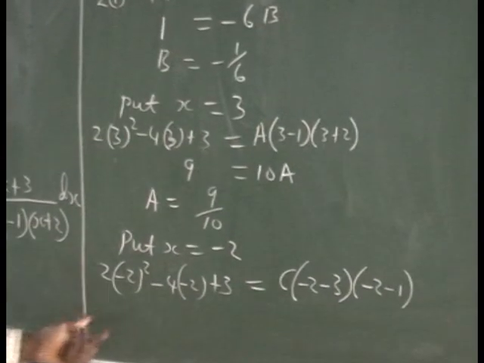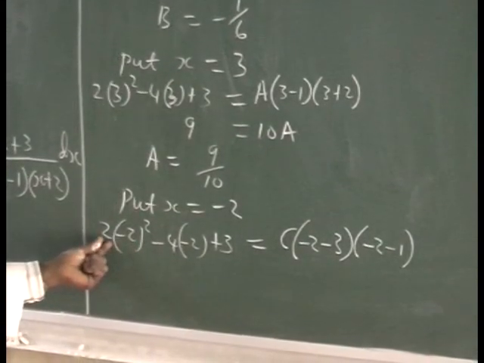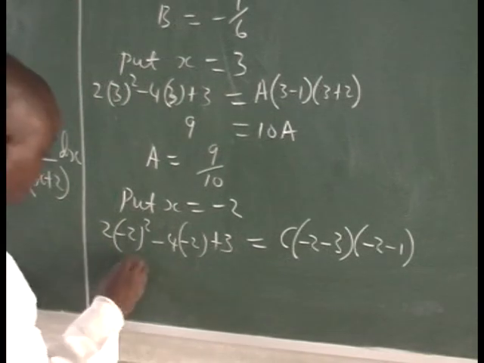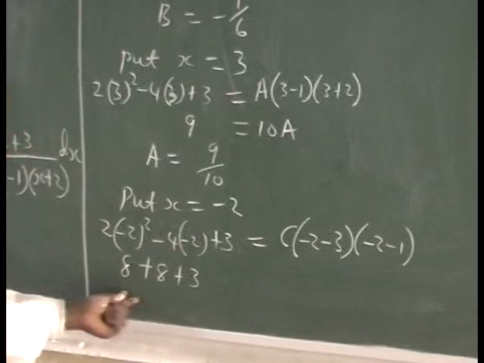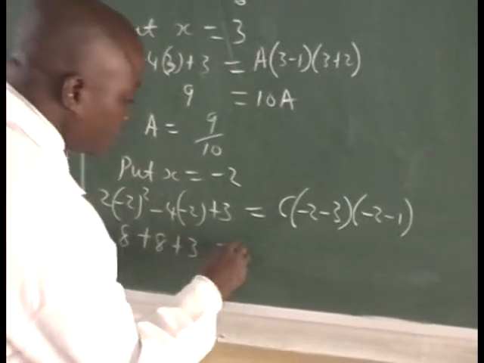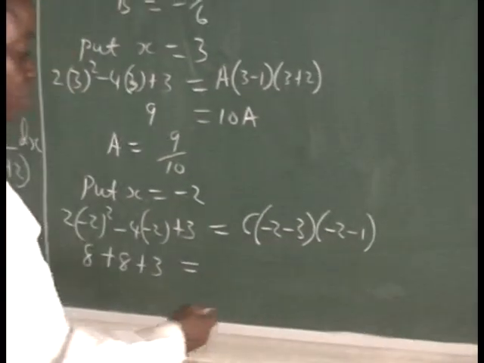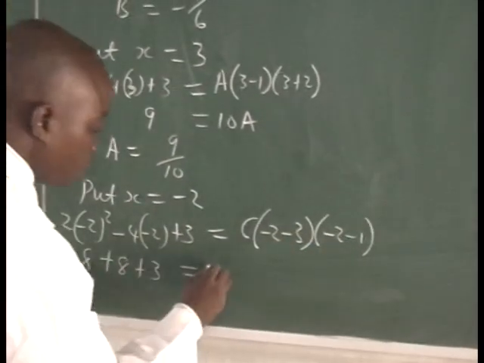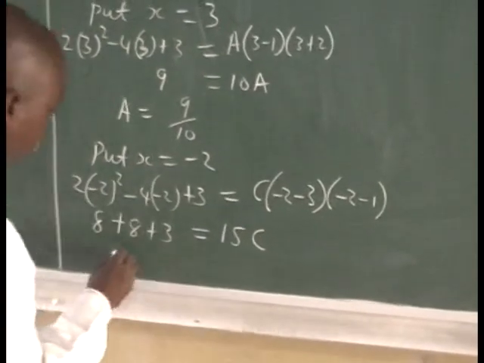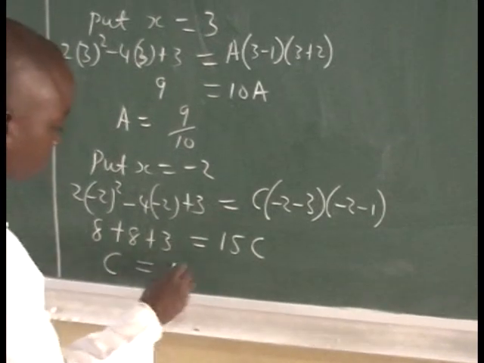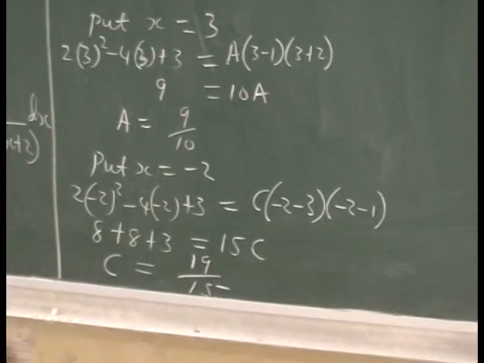Minus 2 squared is 4. 4 times 2 gives me 8. So here it is also plus 8, plus 3. So you have 19. 19 is equal to, this is minus 5 and this is minus 3, so that is 15C. So that C is equal to 19 over 15. That is the value of C.